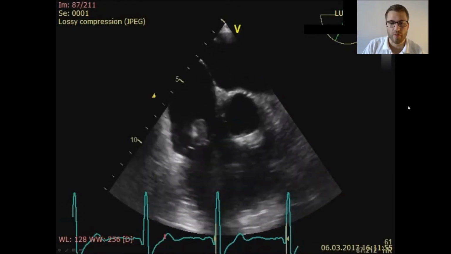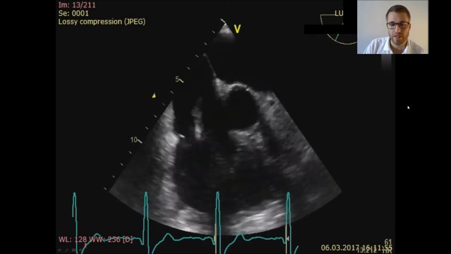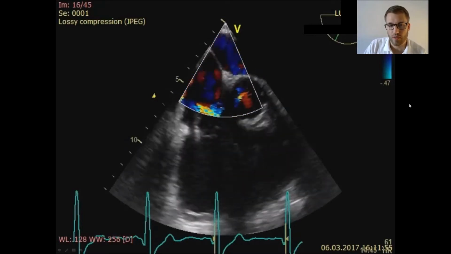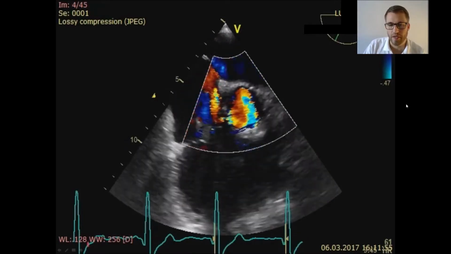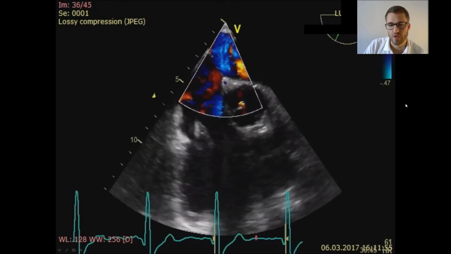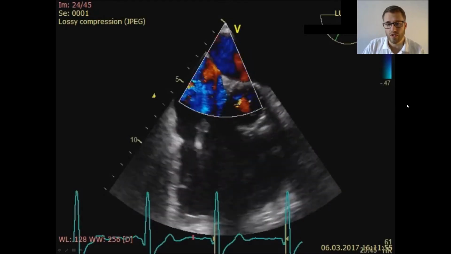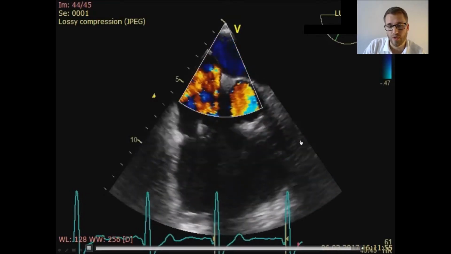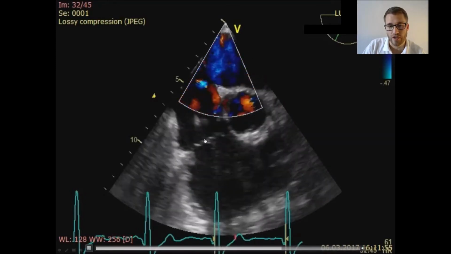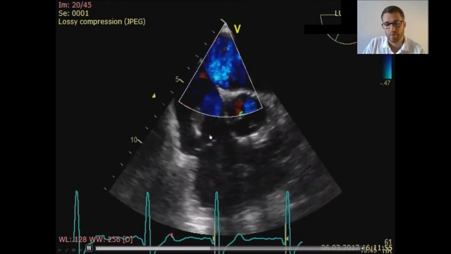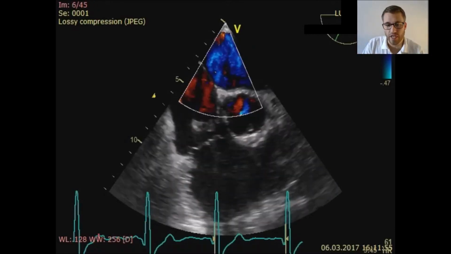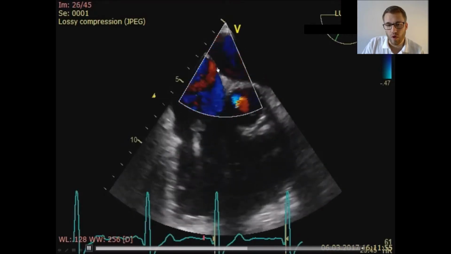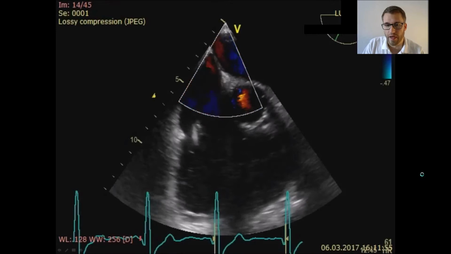This is not the best view for the IAS, so you would do some color Doppler, different angles, maybe contrast to have a closer look. This was not the focus in this examination of the heart, because we focused on the lead infection to differentiate between thrombus and bacterial vegetation infection. But you always have a look at the IAS.